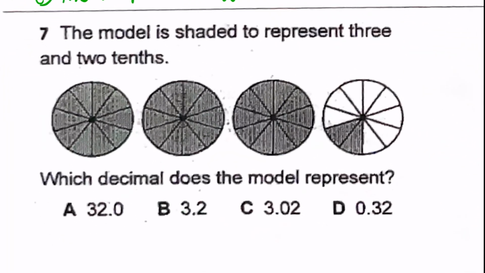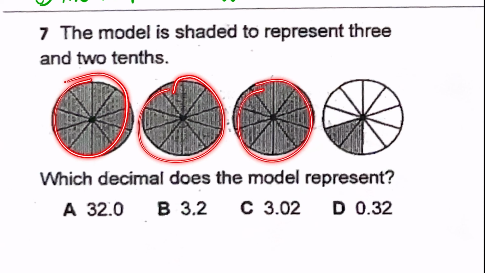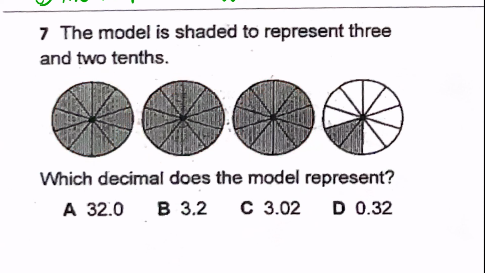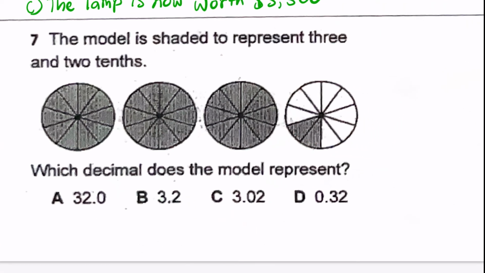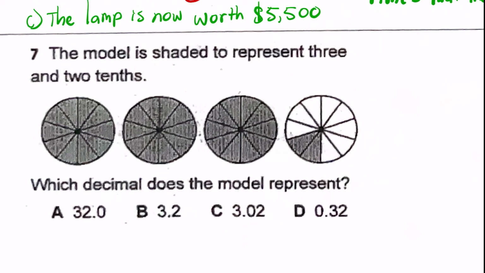Number 7 says the model is shaded to represent 3 and 2/10. Okay, so here you have 1, 2, 3 whole circles. That would be 3. And then here you don't have a full circle. You have only part of a circle. So this means that this is a fraction of a circle. The way that we write that as a fraction is like this. You have 3, and then over here you have a fraction, right?